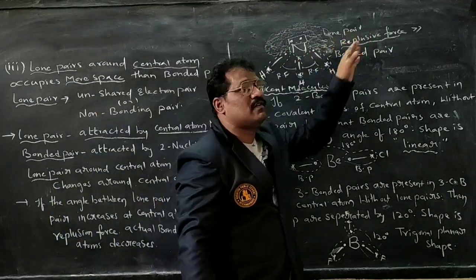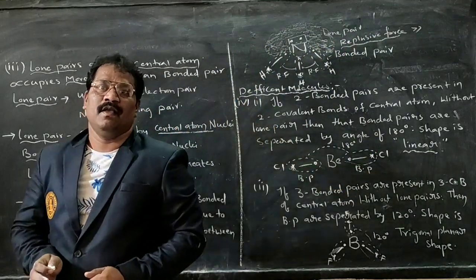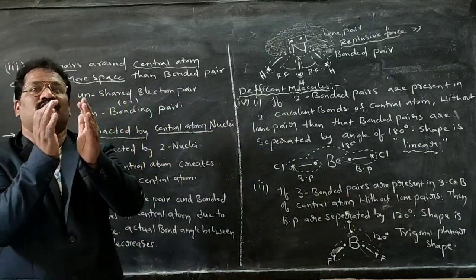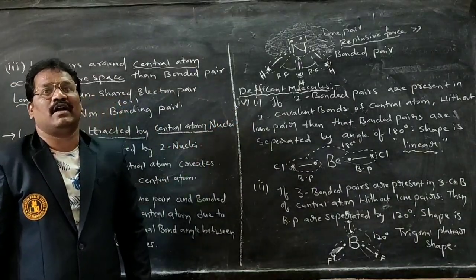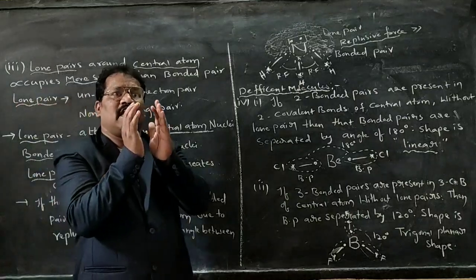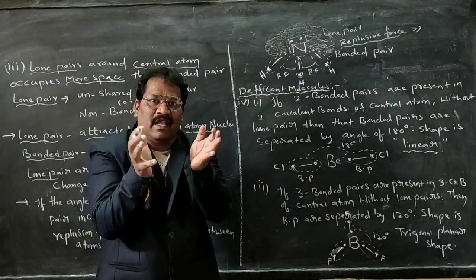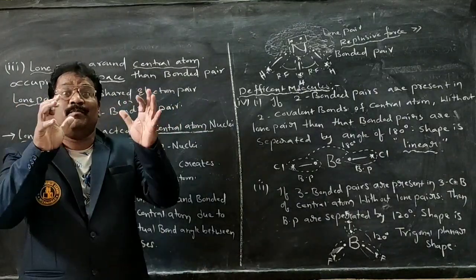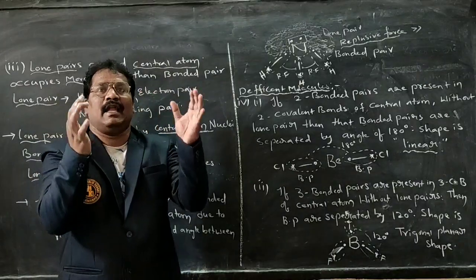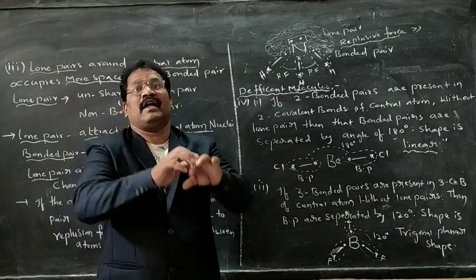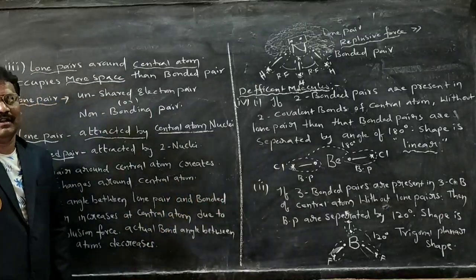If the lone pair repulsive force is greater and the bonded pair repulsive force is lesser, then what happens? The actual shape of the molecule will get distorted, meaning it will change and attain a new shape with a different bond angle.